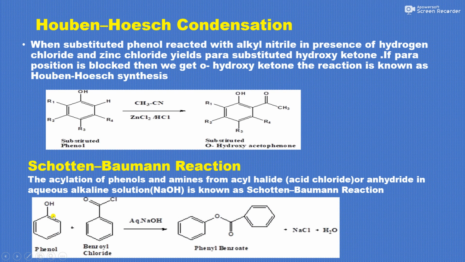See here, this is a phenol. It is reacted with benzoyl chloride in presence of aqueous NaOH. There is formation of phenyl benzoate, an ester, and NaCl and H2O as byproducts. So this is known as the Schotten-Baumann reaction. That means there is acylation of phenol.